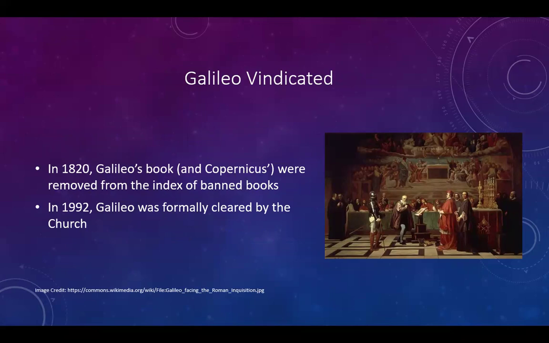And in 1992, Galileo was formally cleared by the church. His ideas were accepted well before both of those dates. Well, I mean, when it was removed, at that point, it was fully accepted. But the bureaucracy of the church moves slow. By 1992, I think the Vatican is building modern telescopes.